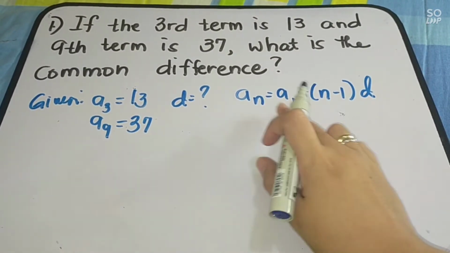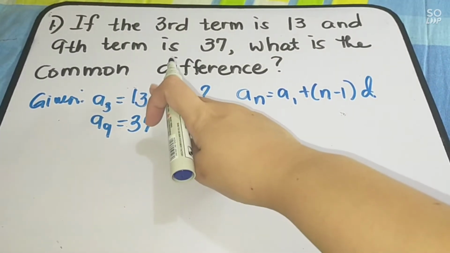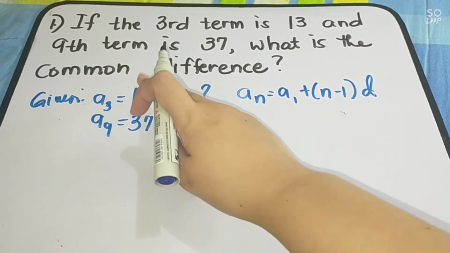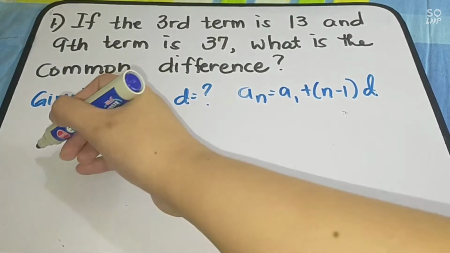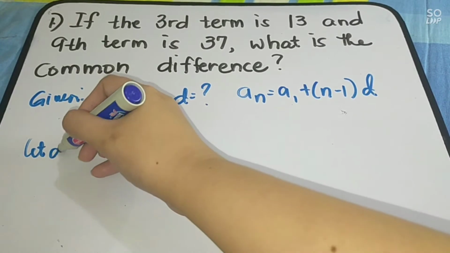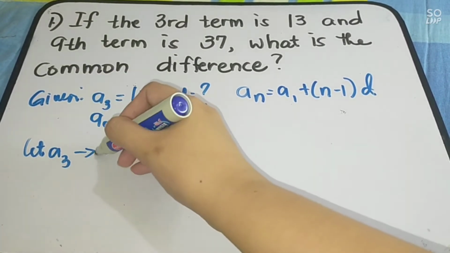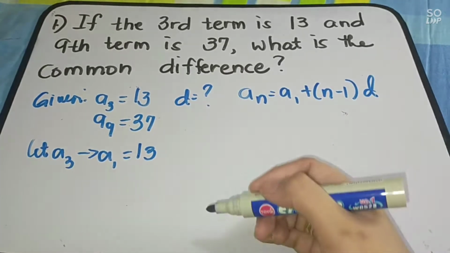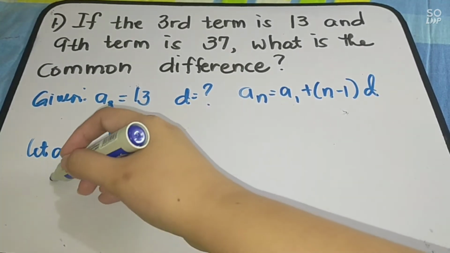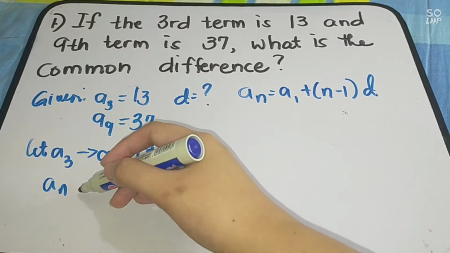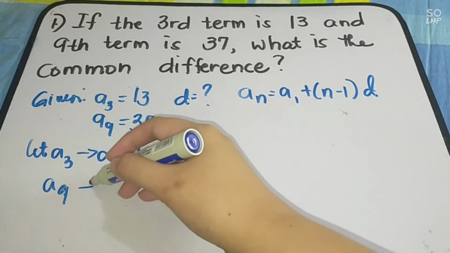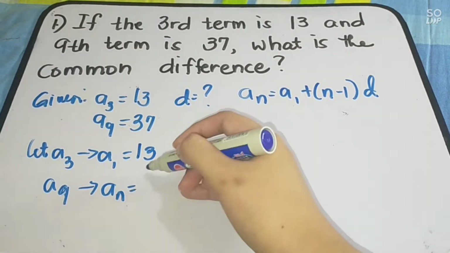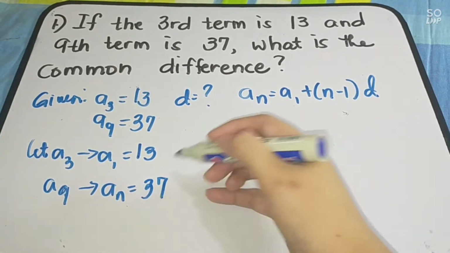Since yung a sub 3 natin ang pinakauna, that would be the first term. So, you will let a sub 3 become a sub 1, which is 13. And our last term, a sub 9, becomes a sub n, which is 37.